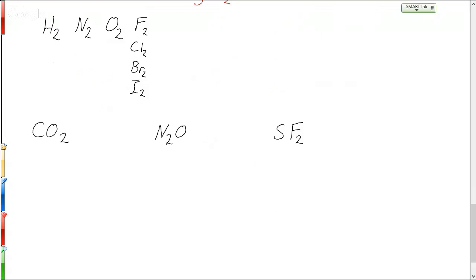They kind of pair them up so that each atom gets 8 electrons.